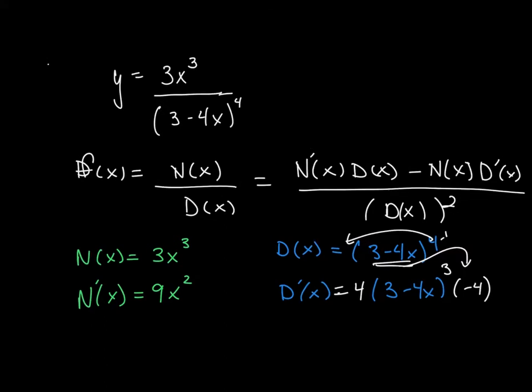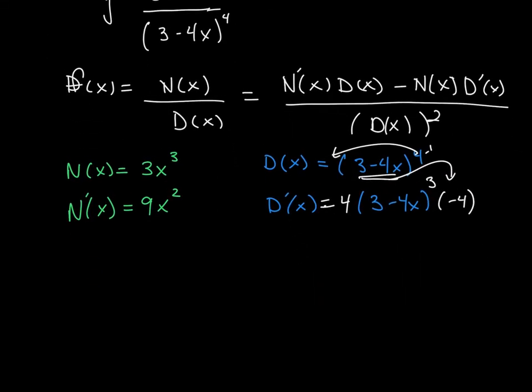All right, so now I can go through and do all of this. So the derivative of the numerator is 9x squared times the original denominator, which is 3 minus 4x to the 4th. Now I subtract out the original numerator, 3x to the 3rd, times the derivative of the denominator, and I'm going to go ahead and just combine those.